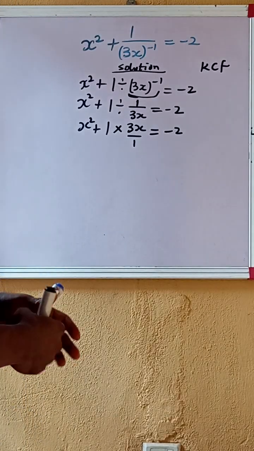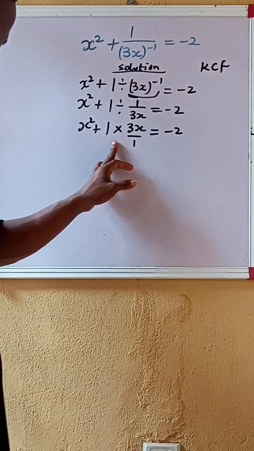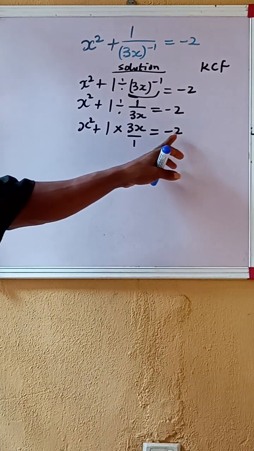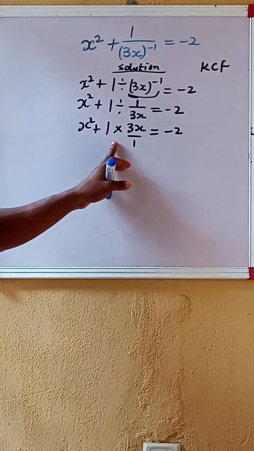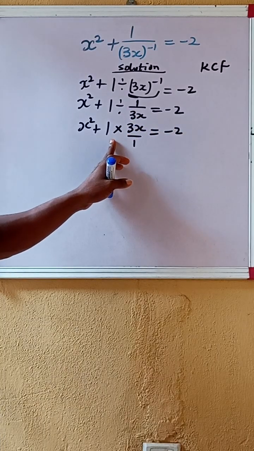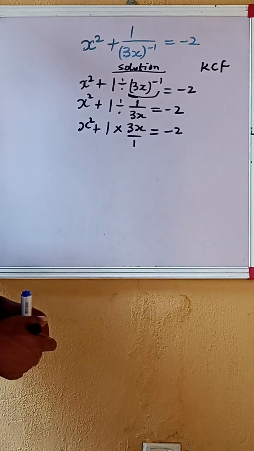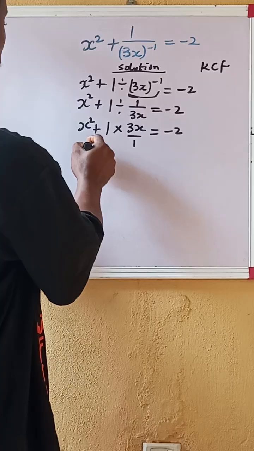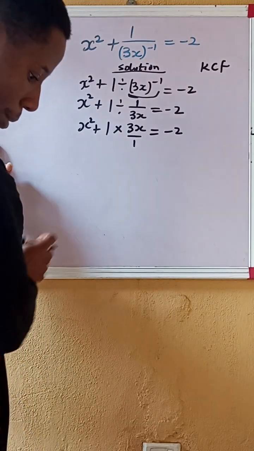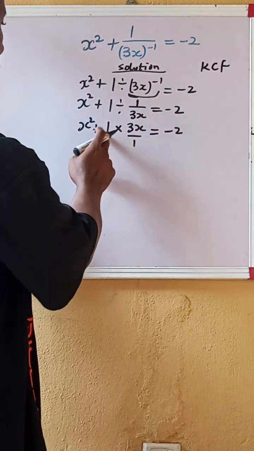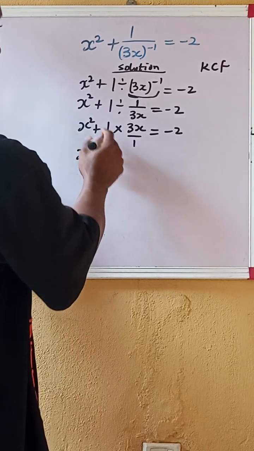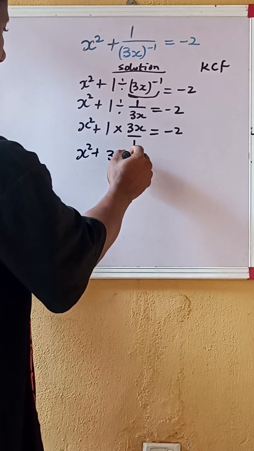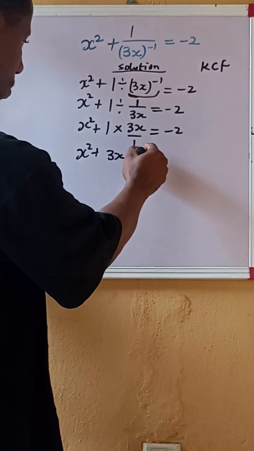All right, guys. So now that we have this, what we are going to do now is to move this minus 2 to this side. So we are moving minus 2 to this side to make the equation a quadratic equation because we have x squared here. So before we do that, let's multiply this. We have x squared plus 1 times 3x will give us 3x, which equals minus 2.